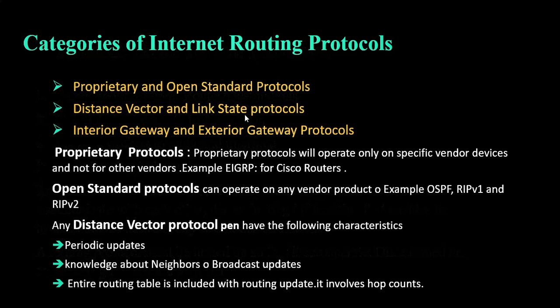This operates only for Cisco vendors, so it cannot be used by Huawei or other vendors. So it only operates for Cisco routers. Such kinds of protocols are known as proprietary protocols, but we have open standard protocols. These can operate on any vendor's product. For instance, we have OSPF, RIP version 1 and RIP version 2.